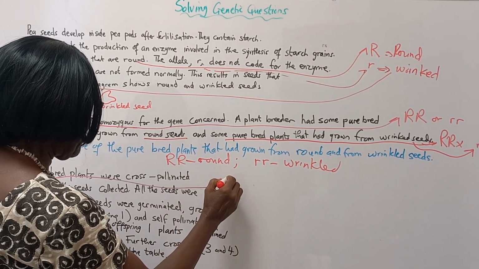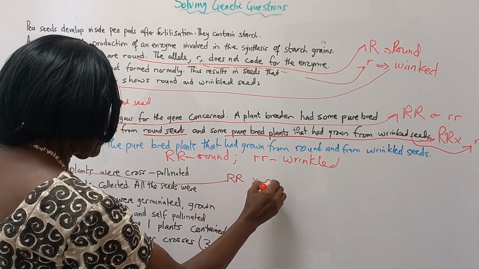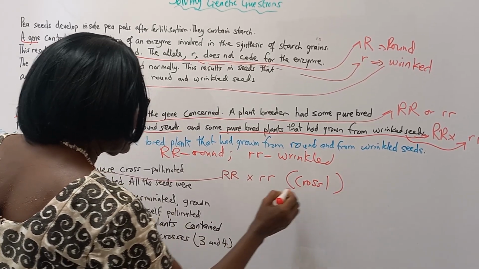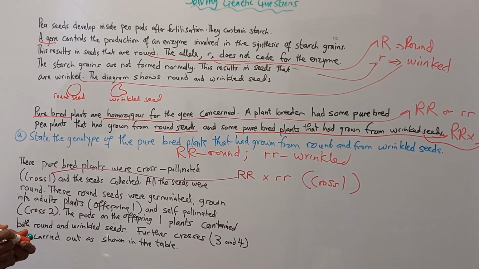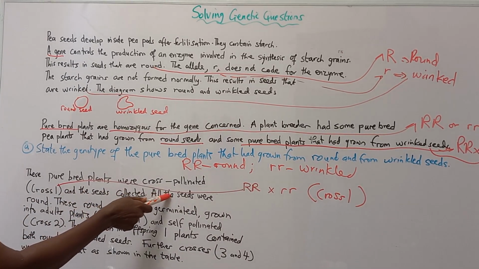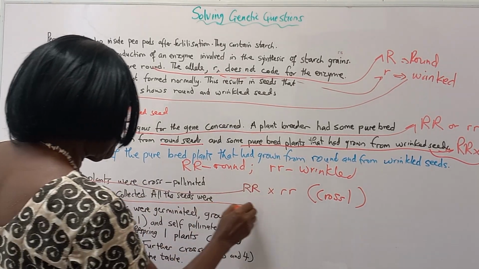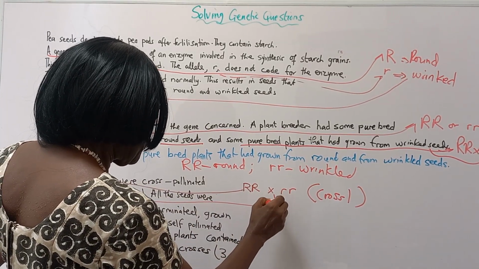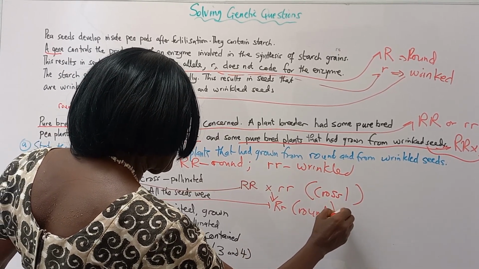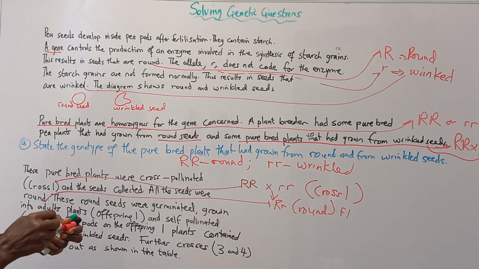So purebred plants, you have round here, and this round were crossbred, and they said that is cross 1. Still analyzing, and the seeds were collected. All the seeds were round. So from this information, we see that what we got out of here is round. That's the F1 kind of. So they are round, but they are heterozygous round.